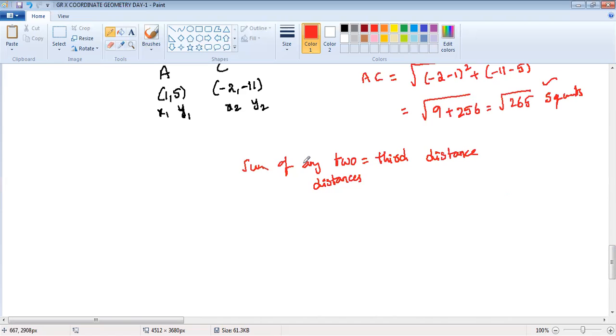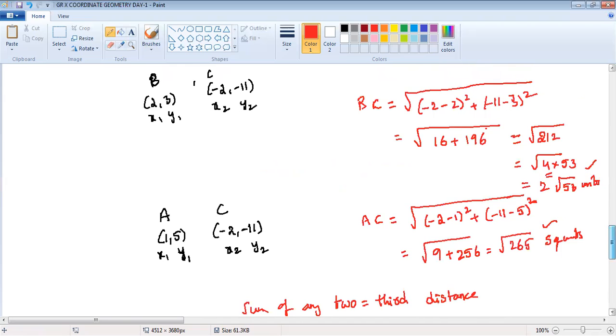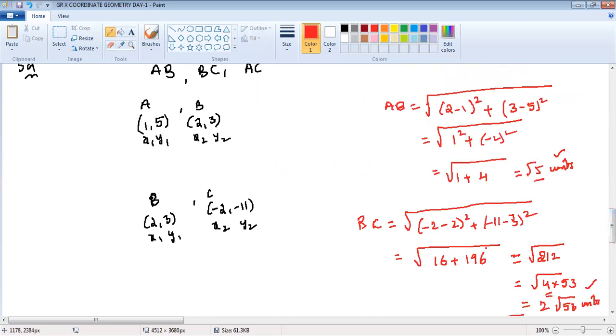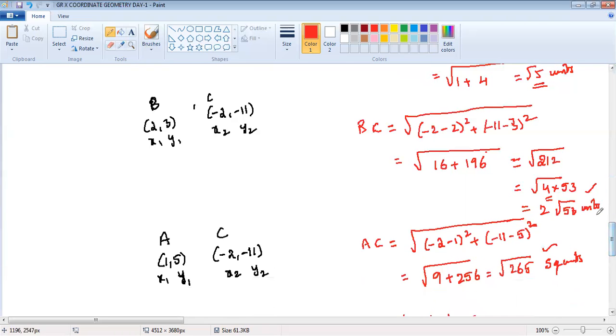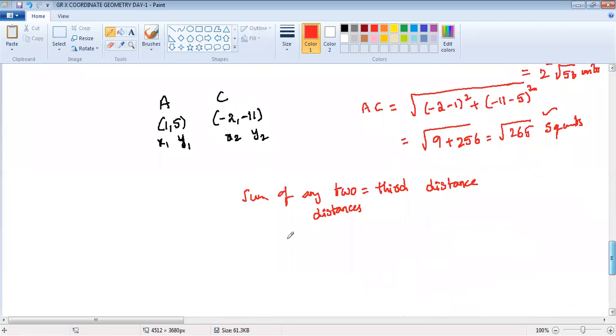Now, look at this problem. Take AB and BC. AB is root 5 and BC is 2 root 53. See, AB plus BC is not equal to AC. Similarly, AC plus AB is not equal to BC.